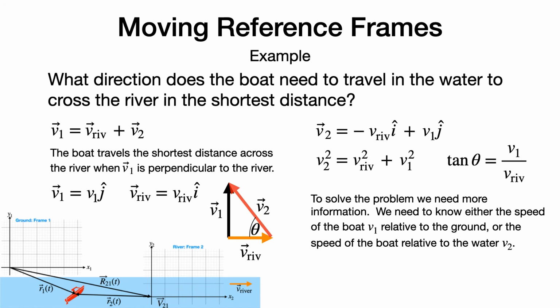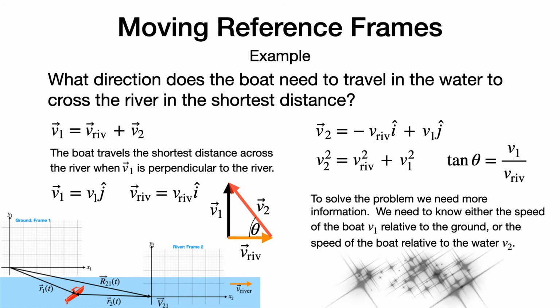To solve this problem, we need to either know the speed of the boat, v1, relative to the ground, or the speed of the boat relative to the water. More naturally would be to be given the speed of the boat relative to the water, and you would then be able to figure out the direction in the water you need to travel to go straight across the river.